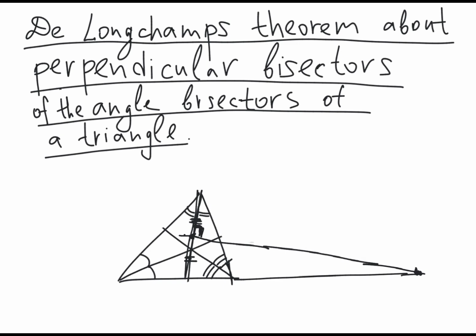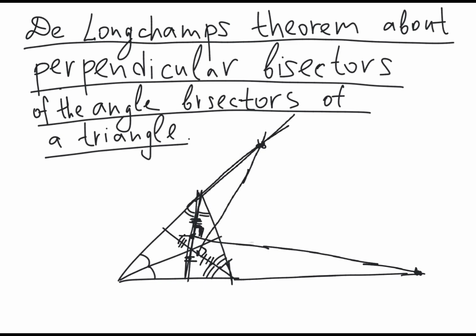And we do the same for the other two bisectors. So we take the midpoint of this bisector, we draw the perpendicular, and consider the intersection point.